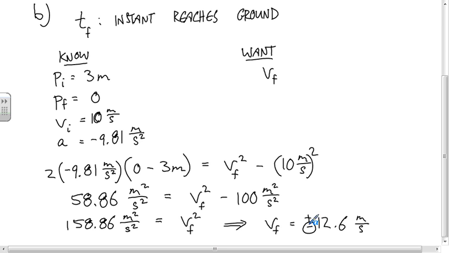But I wanted to say this, and I'm going to mention this again because it's a mistake that's so easy to make. People make it all the time. No matter what's happening, if an object is in free fall, whether it's going up or down or whatever, the acceleration is negative 9.81. And that seems confusing to people.